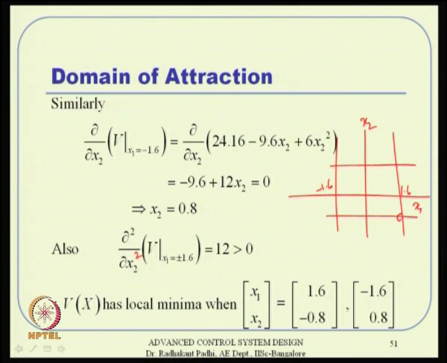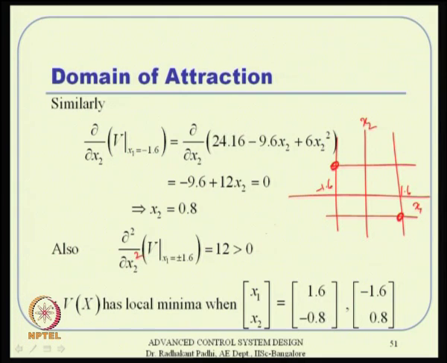So we are talking about a point here, and we are also talking about a point here. These 2 points happen to be local minima. So the solution can get trapped there, and if it is trapped, it will never go to the origin after that.